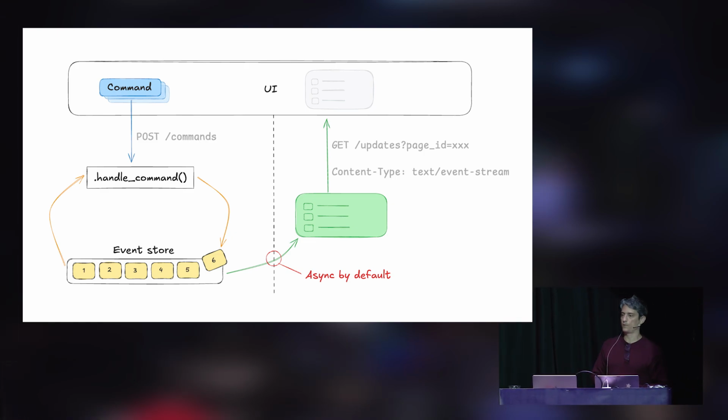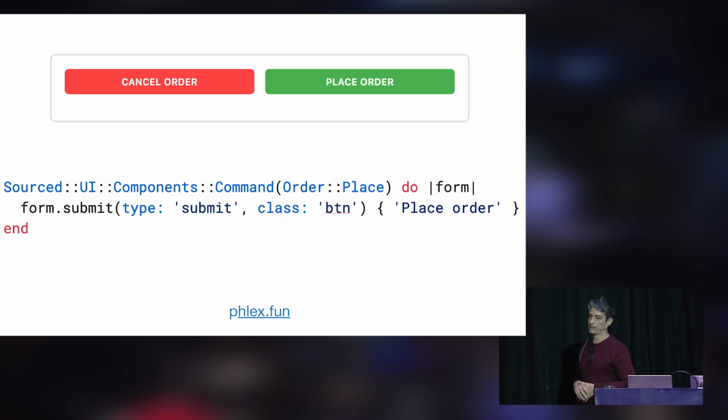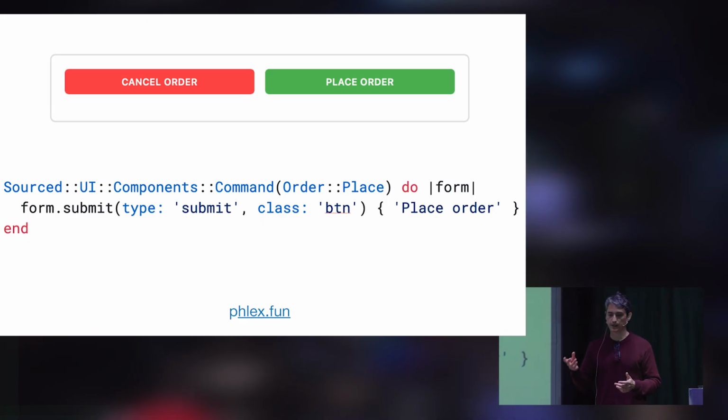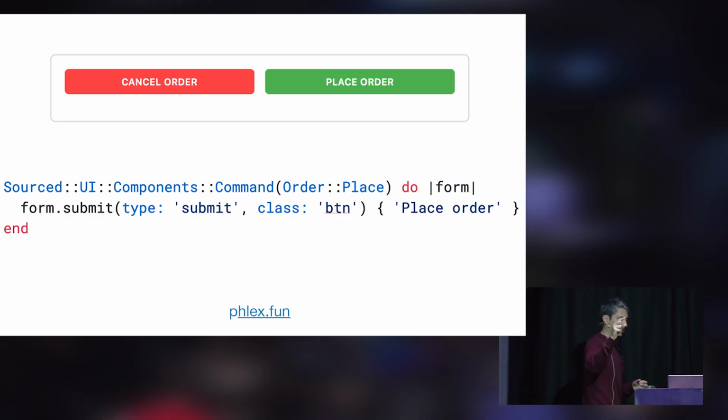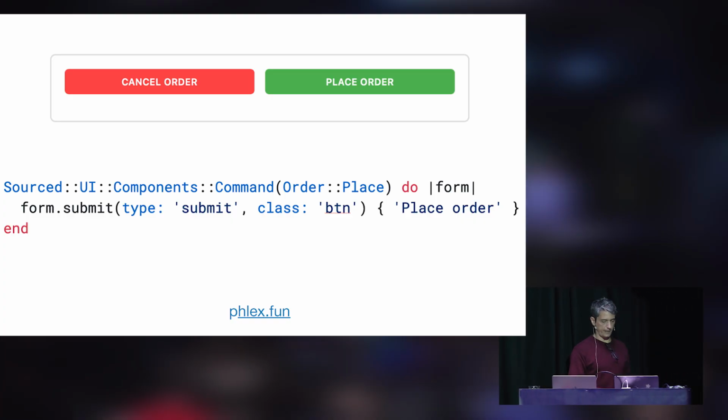So for example, I have one of those buttons there, and I'm using Flex, which is a really great library for doing HTML components. But this could be ERB, it doesn't really matter. I have these command components that you give one of your command structs, and it knows how to build a form for it. So this is for placing the order. I click that, and it sends an AJAX request to the backend.